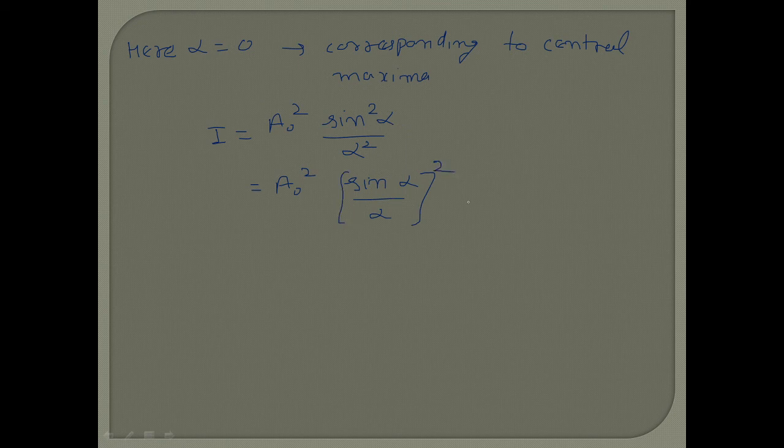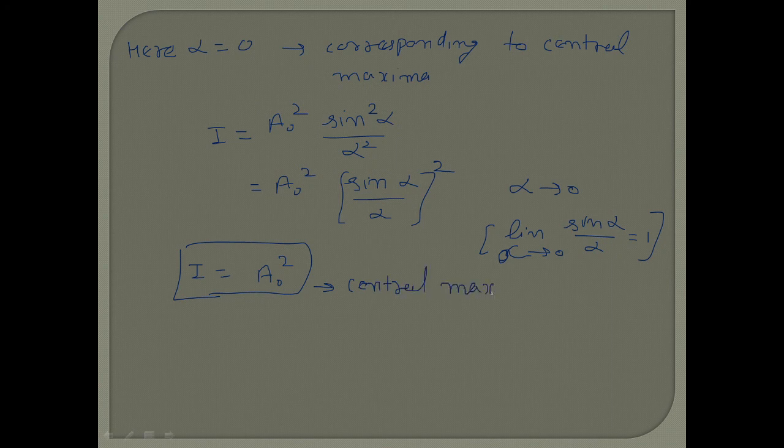Let me put the limit alpha tends to 0, then the limit of sine alpha divided by alpha is equal to 1, and we get the intensity equal to A naught square. This is the intensity for the central maxima.